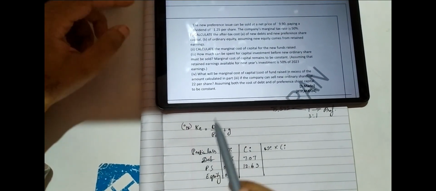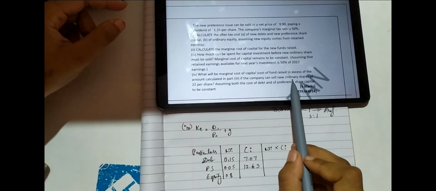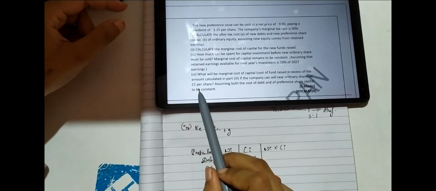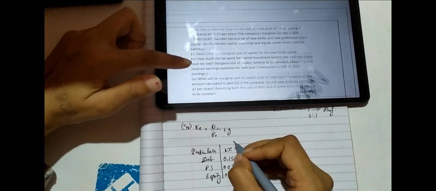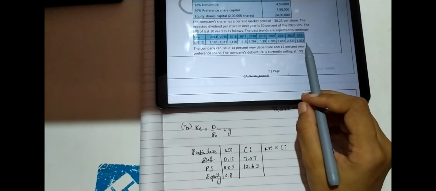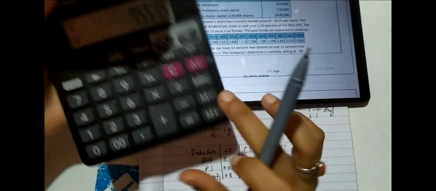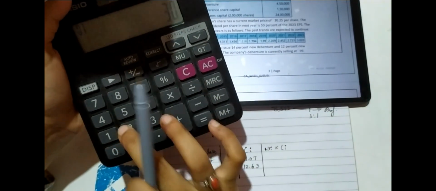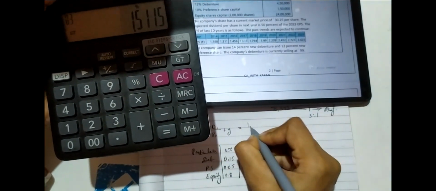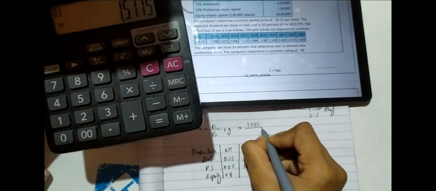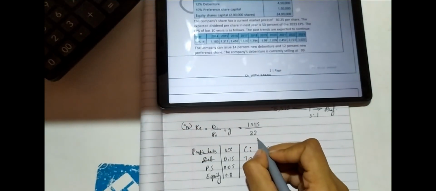So what is KE? They have given that the company can sell new ordinary shares at 22 per share. So if P0 is 22, then what is KE? What is the dividend? The dividend we have already calculated, that is 3.023 into 50%, so this is 1.5115, and P0 is 22. Only this thing is going to change.